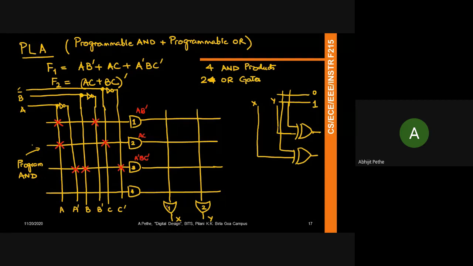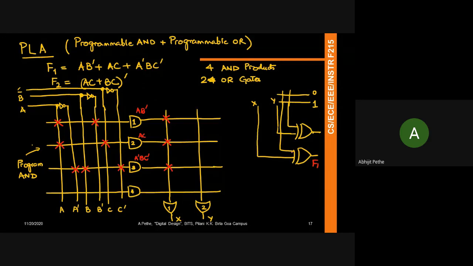For the input of the first OR gate, I short this line, I short this line, and I short this line. When I short these three lines, it's saying that the output of the first OR gate is going to be the sum of these three product terms, right? And if I want to generate F1 out of here, because this is the true value, I don't need to complement it.